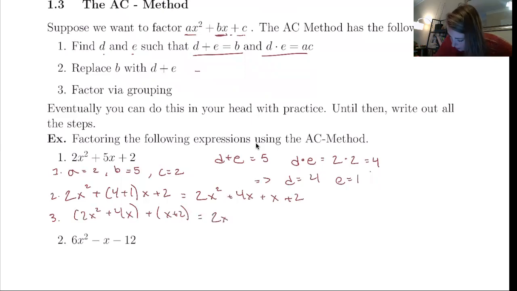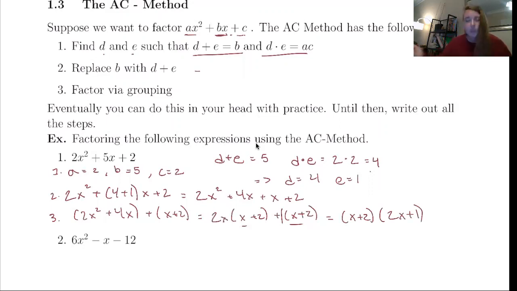So I pull out 2x, and that will leave me with x plus 2. And then our second group is just x plus 2, and I can't pull anything out of that, so we'll just leave it as x plus 2, which is great. They match. So now 2x times x plus 2 plus 1 times x plus 2. Right there, we can think of a hidden 1. So now I can pull out x plus 2, and ta-da, 2x plus 1. And we just factored that.